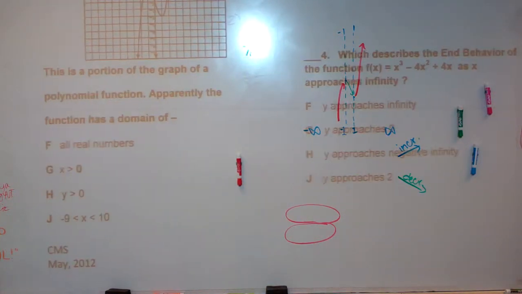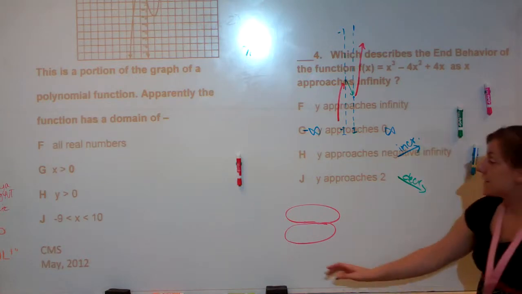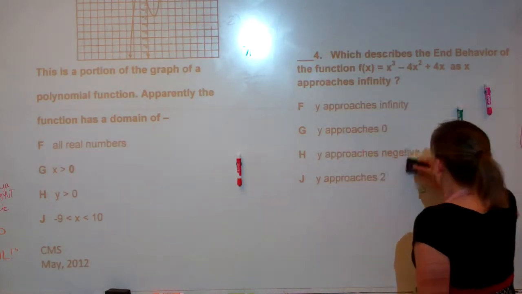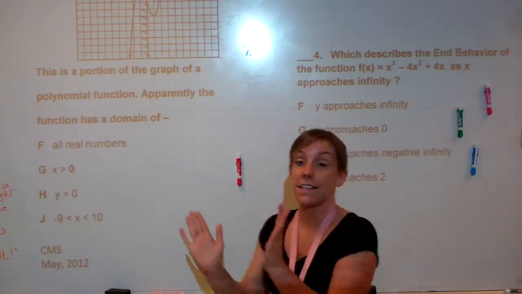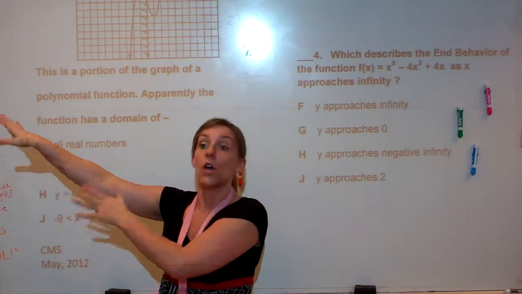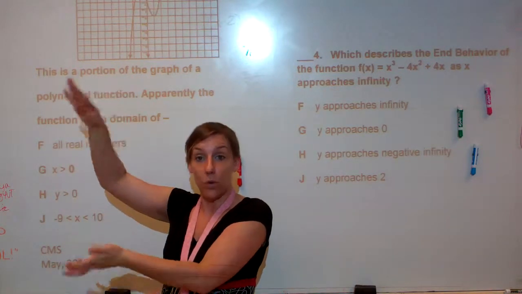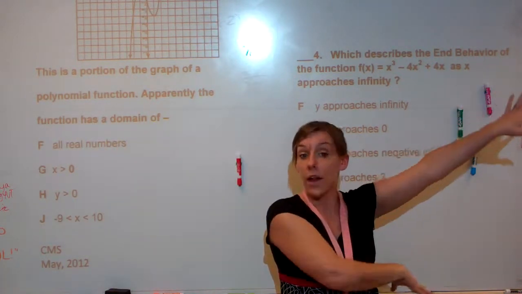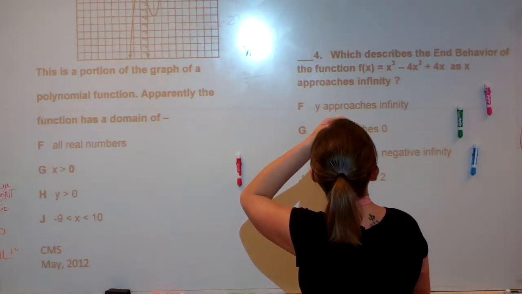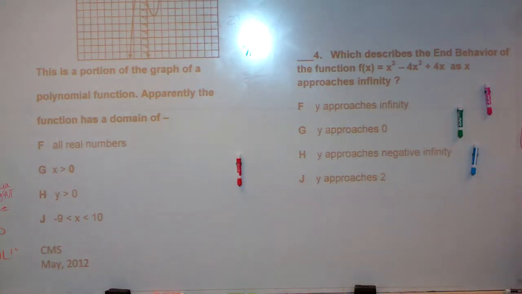Number 4 right here, where it's asking about end behavior. So remember, end behavior, it's not left to right. End behavior is, as it goes off to the left, what direction is the graph pointing? And as it goes off to the right, what direction is the graph pointing? So let's put this into the calculator.